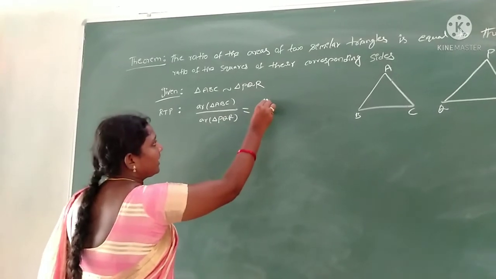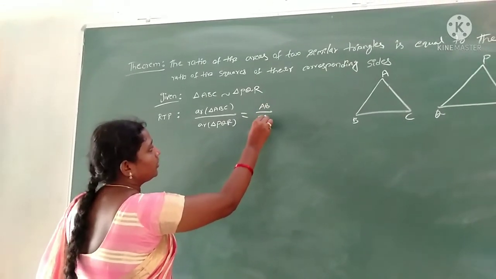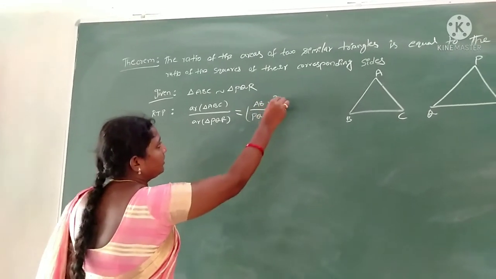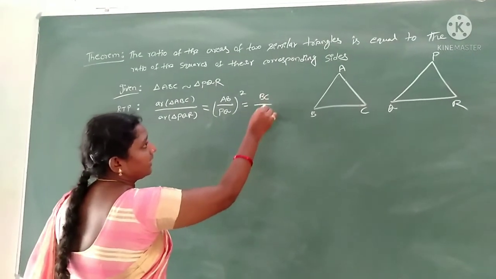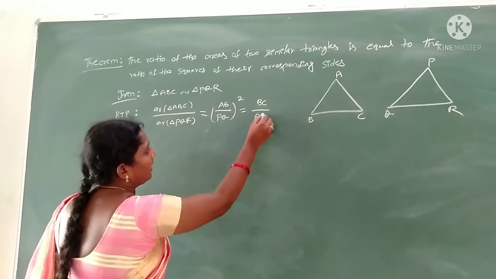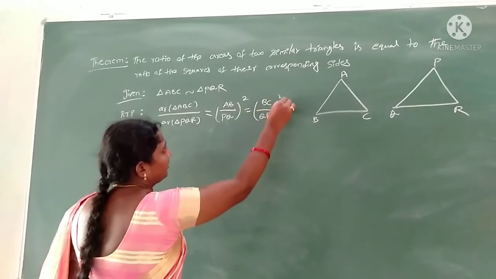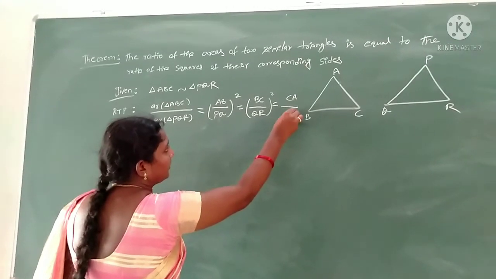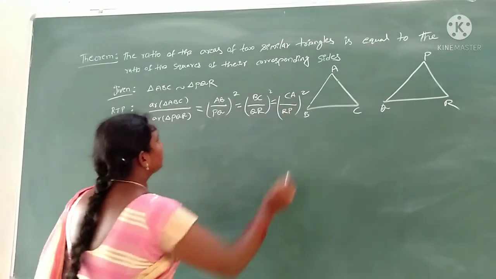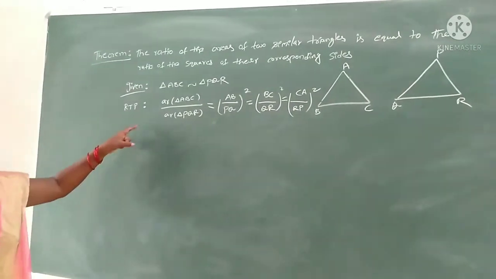So AB by PQ whole square equals BC by QR whole square equals CA by RP whole square. So this is the RTP.